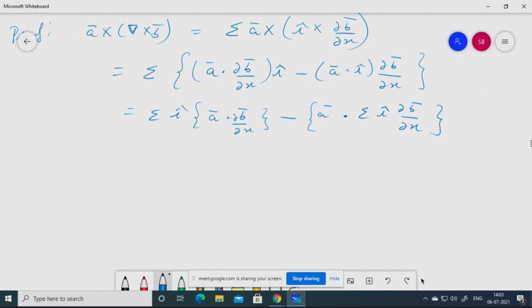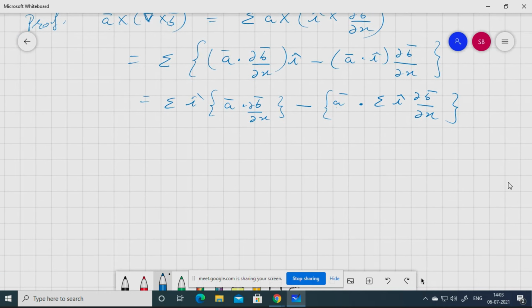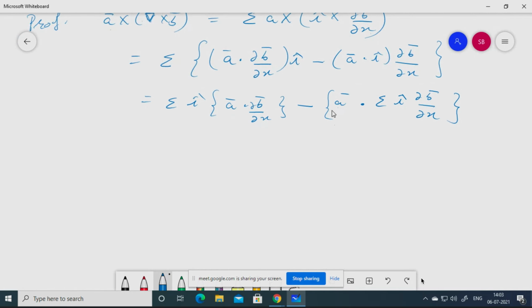If I write down the summation sign is applied, where you have this I, J, K and all these things. A bar is a common thing. So A bar dot product will be taken with all of these three terms. Are you able to follow? Yes, ma'am. So this is nothing but summation I, A bar dot dou B bar by dou X as it is, minus, now A bar as it is.